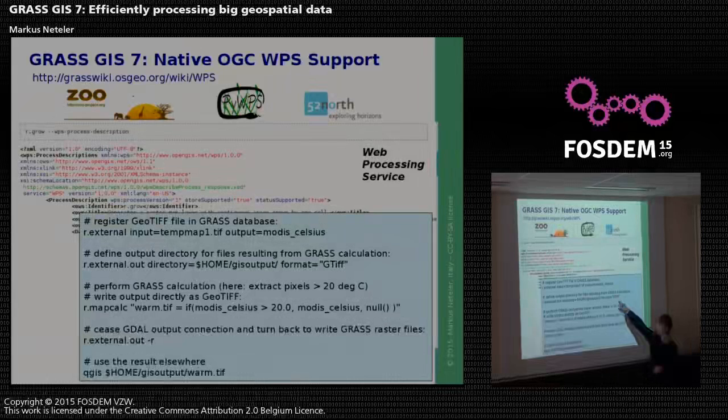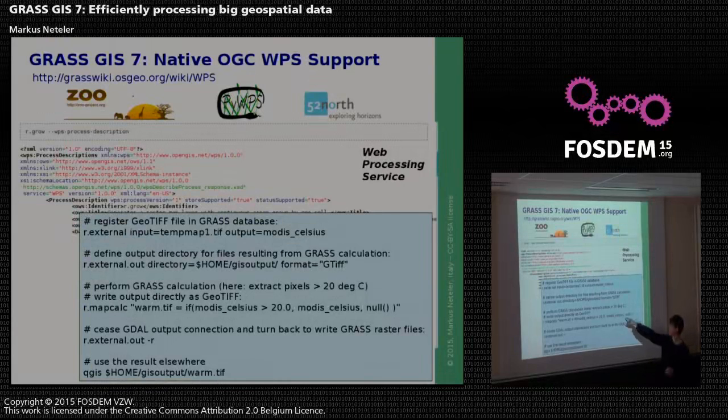And then you define as output that you want GeoTIFF back, which means at this point you say the original data set is there, you don't import it, you just tell GRASS where it is, and everything which is calculated would be saved as GeoTIFF in this case.